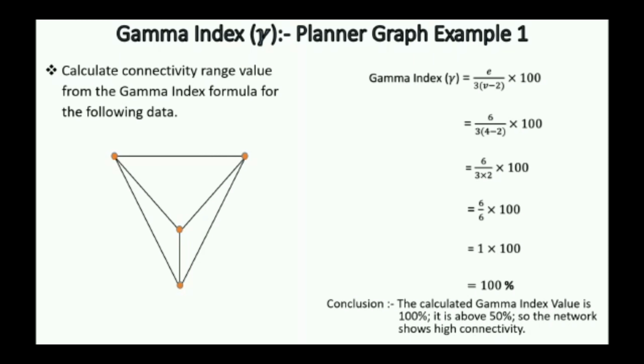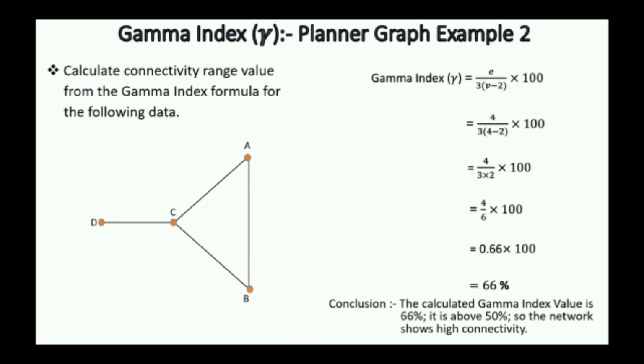We convert it into percentage, therefore we multiply 1 by 100 and the answer is 100. So the conclusion is the calculated gamma index value is 100%. It is above 50%, so the network shows high connectivity.